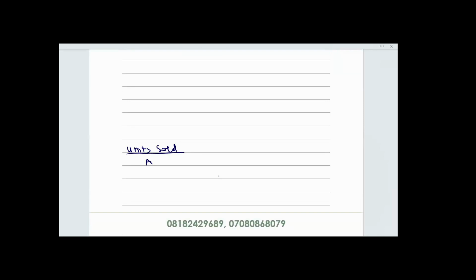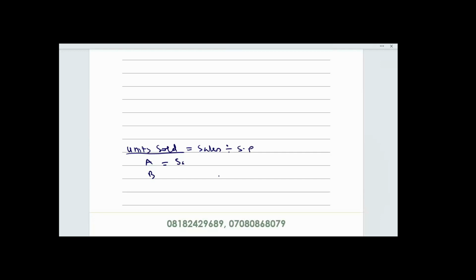Currently, for product A and B, the units sold is equal to sales divided by selling price.